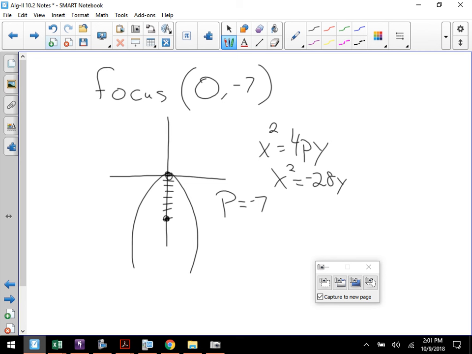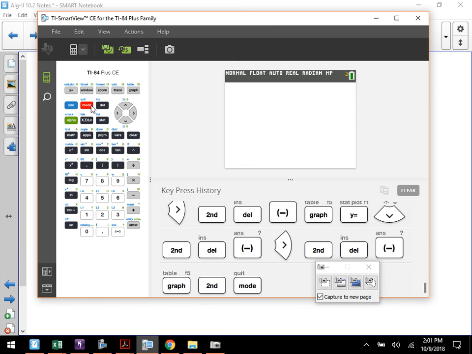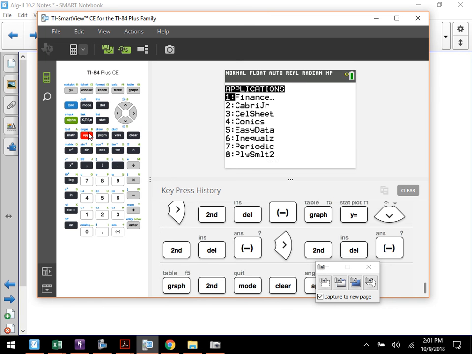Real fast before I forget, if you do hit the button on the calculator, there's a button right next to where it says math. It says apps. You should have a whole bunch of different things in there. If you don't, I had somebody during first hour who was missing some.